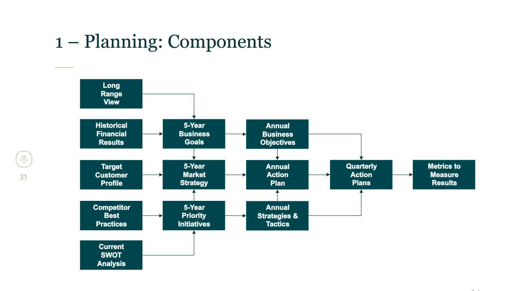And then really SWOT analysis: strengths, weaknesses, opportunities, threats, really taking an objective look at where you are today and what your opportunities for improvement are. So those 5 things should be your inputs to a plan, whether it's 3 years, 5 years, 4 years, looking out in terms of defining your goals and your objectives.